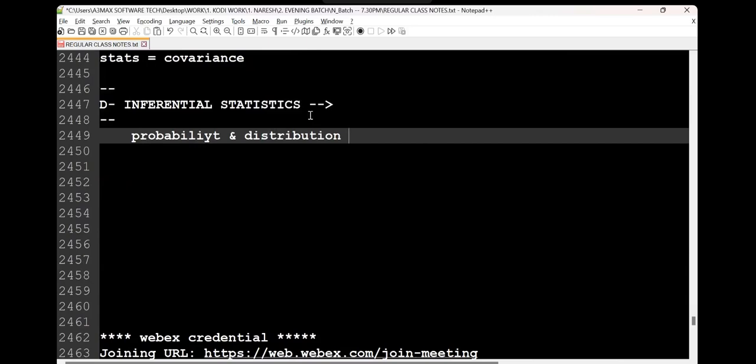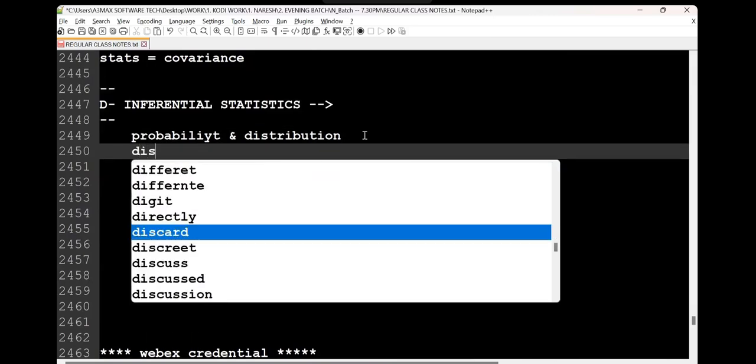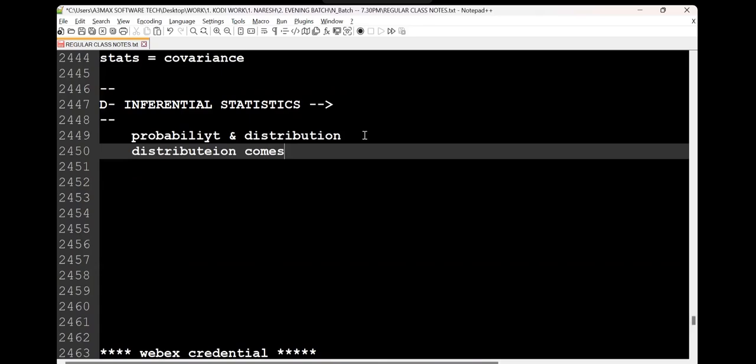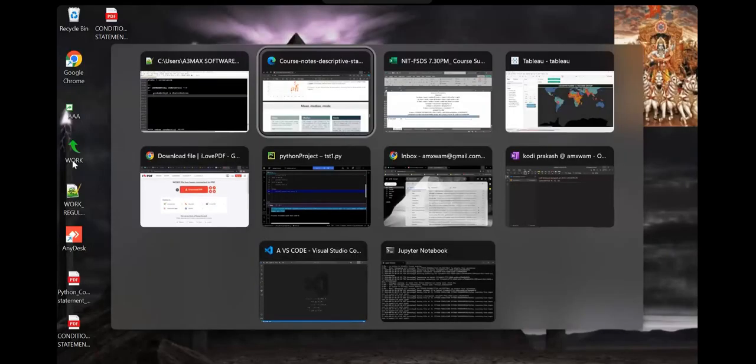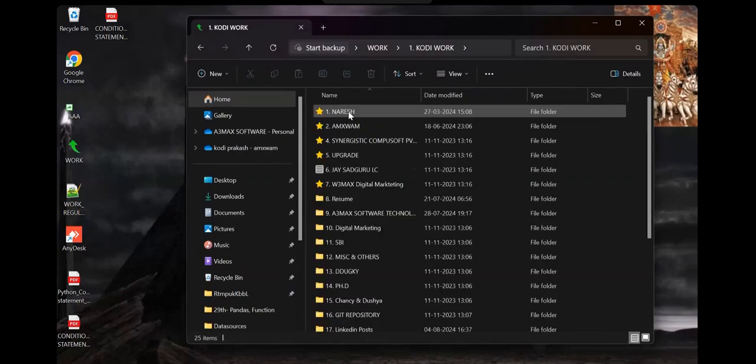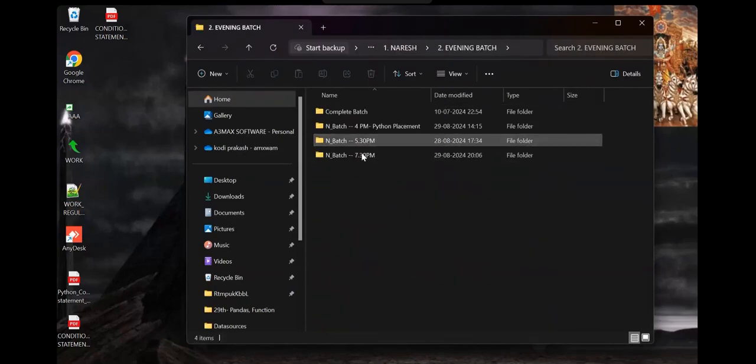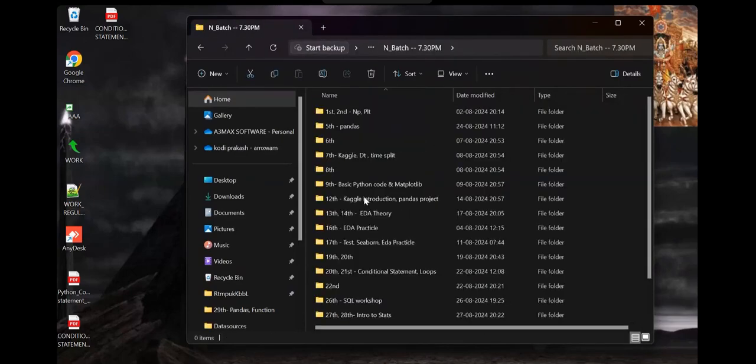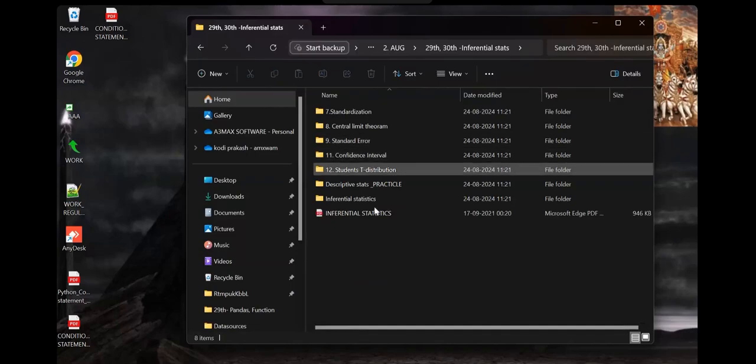But inferential statistics always deals with probability. So distributions come from probability. How? Let me show you one document again. Open this, evening batch, 7:30 August, inferential stats.